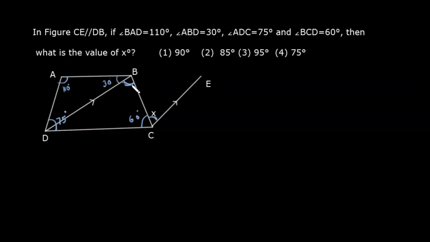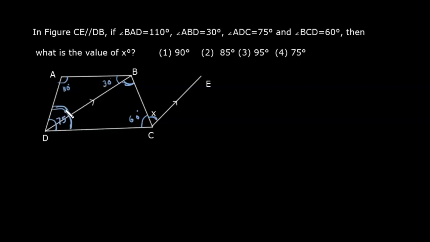So if we are able to find this angle, we can very easily find angle x. In order to find this angle, we need this angle, so that we can use the angle sum property. Because this angle is 110 and this is 30, we can find this angle.